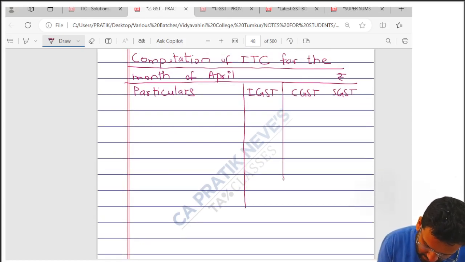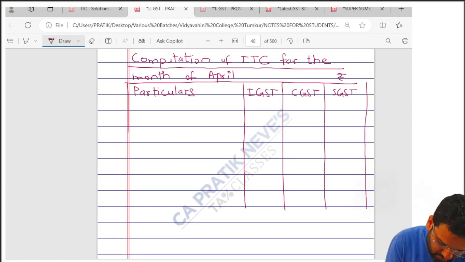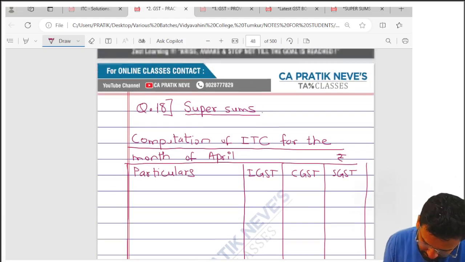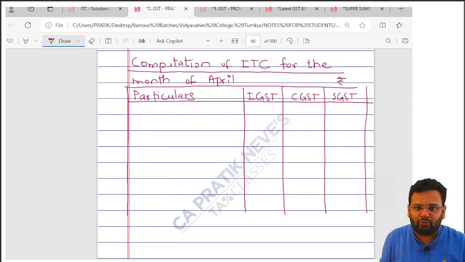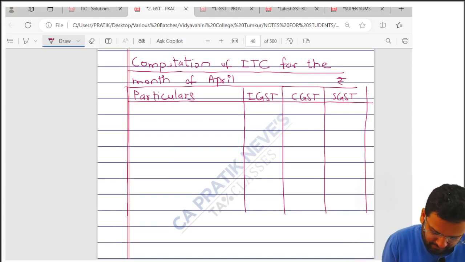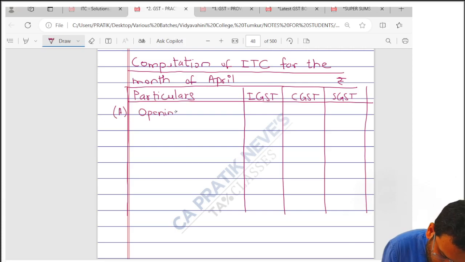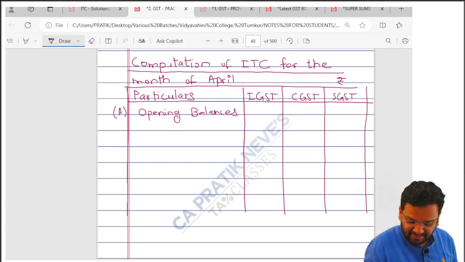Start with A point, opening balances. Use scale, pencil, calculator. Afterwards, you should feel like opening your own notebook. A point, opening balance. Can you please tell me what are the opening balances?